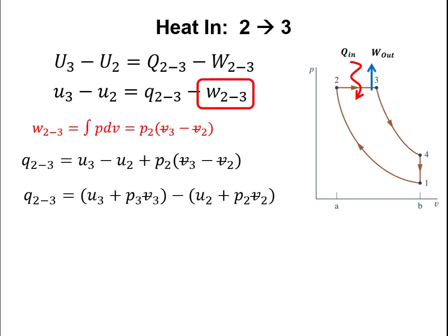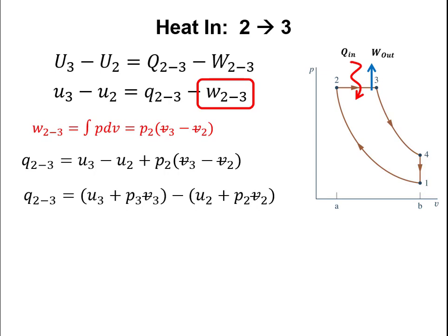Because P2 and P3 are the same, I'm going to split up the P times delta V term into P3V3 minus P2V2. Then I'm going to collect my terms by their state number, and I get (u3 plus P3V3) minus (u2 plus P2V2), all in brackets.